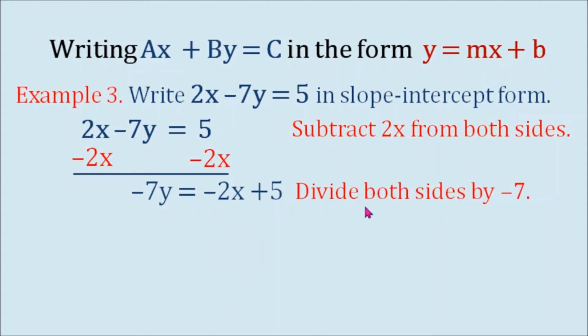Then, we are going to divide both sides by negative 7. So -7y divided by -7, that's y. -2x divided by -7 is 2/7 x, and 5 divided by -7 is -5/7. So this is our answer: y = 2/7 x - 5/7.